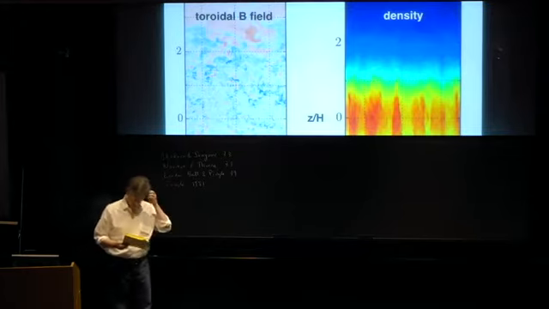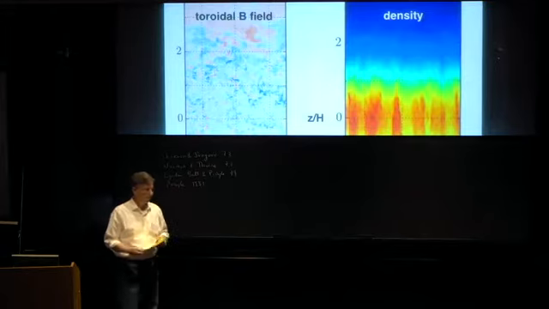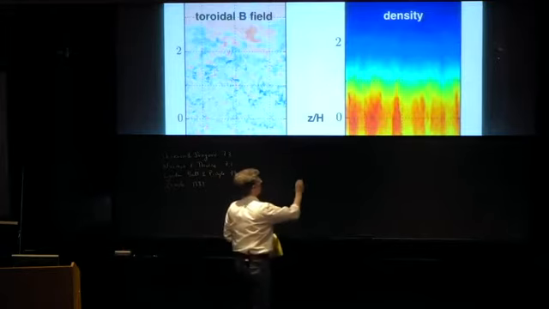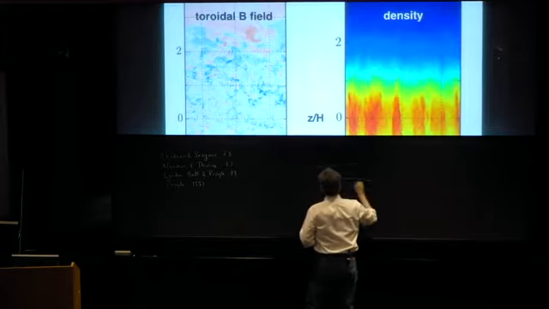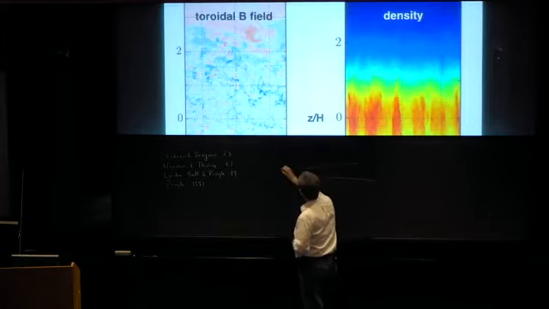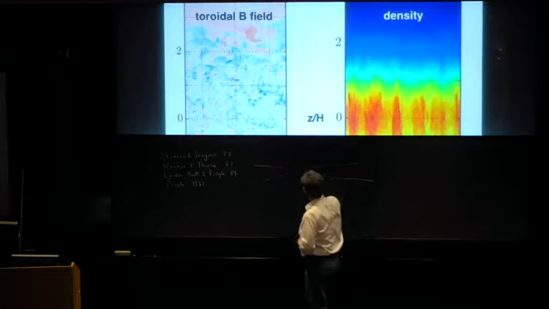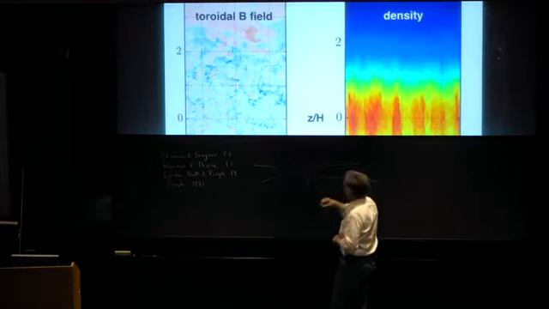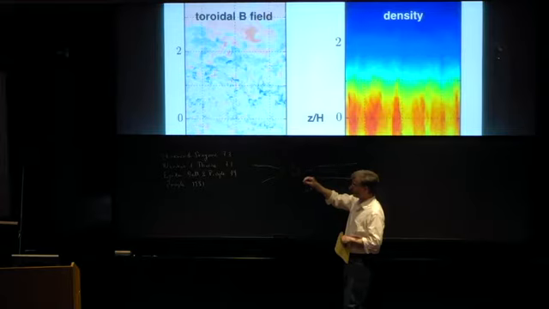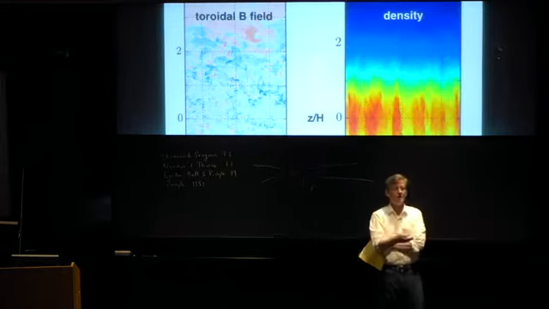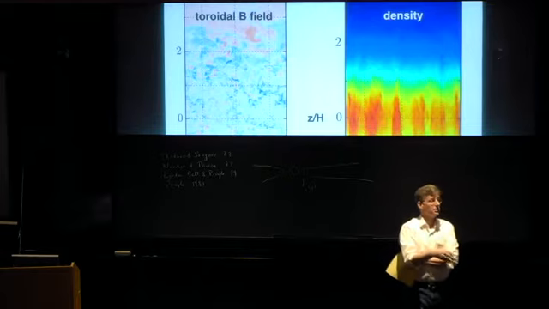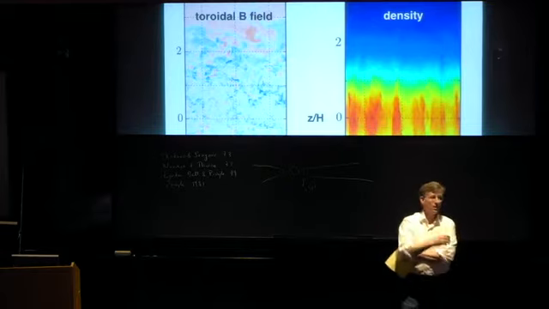So what is in the thin disk models? We picture a black hole with a disk around it that ends at the ISCO. And inside the ISCO is a region that's imagined to have very low density, where the plasma just plunges into the black hole, the so-called plunging region.